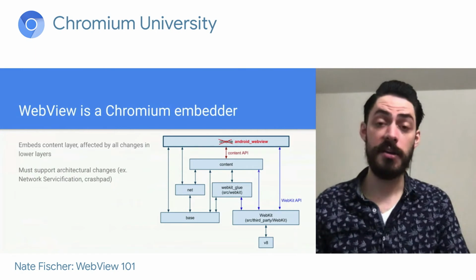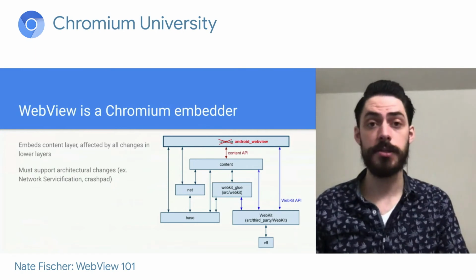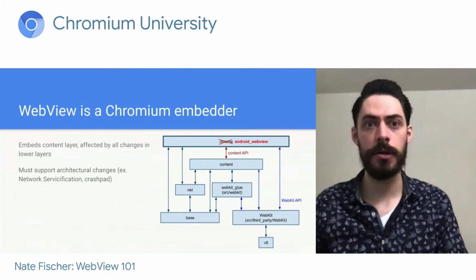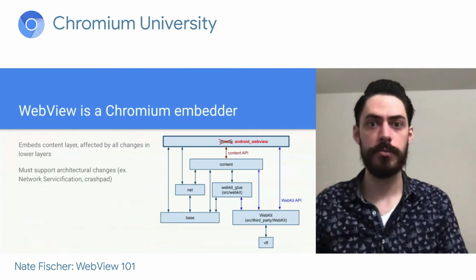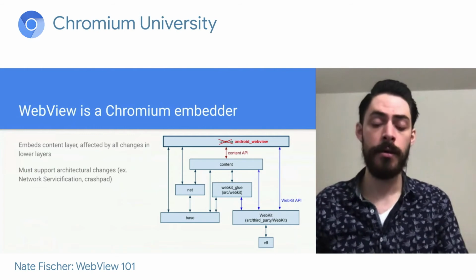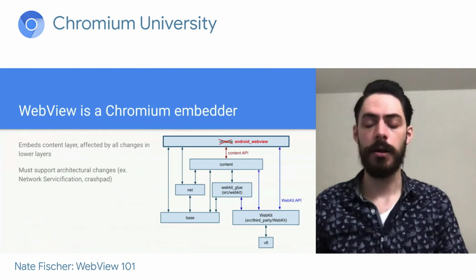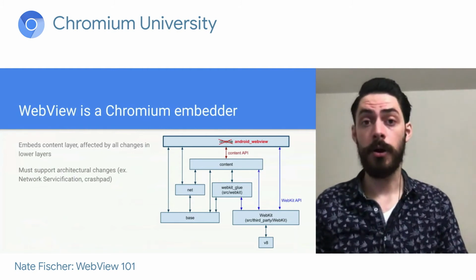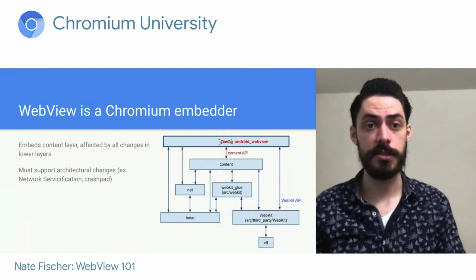And an interesting consequence of being a content embedder, of course, is that we get to inherit all these really great Chrome features that are built in the content layer and below, like network service and things like that, or multi-process browsing, etc. But it also sometimes requires a lot of work on our team to make sure we correctly support this in the necessary timeline.